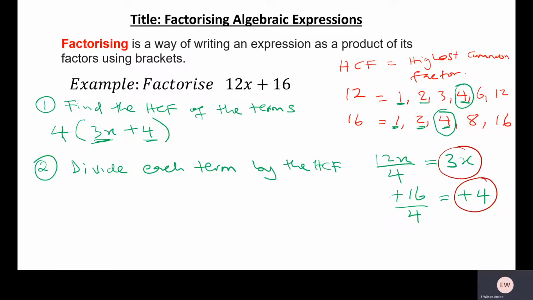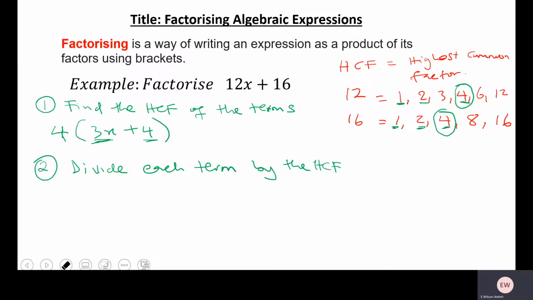Now, someone may factorize the same expression this way. Because 2 is common, the person will bring 2 out and then write 6x plus 8.